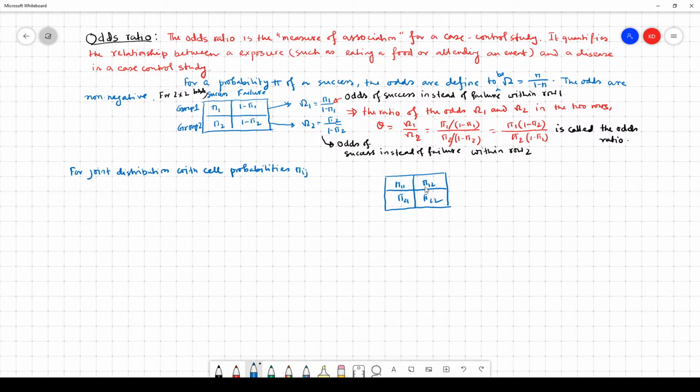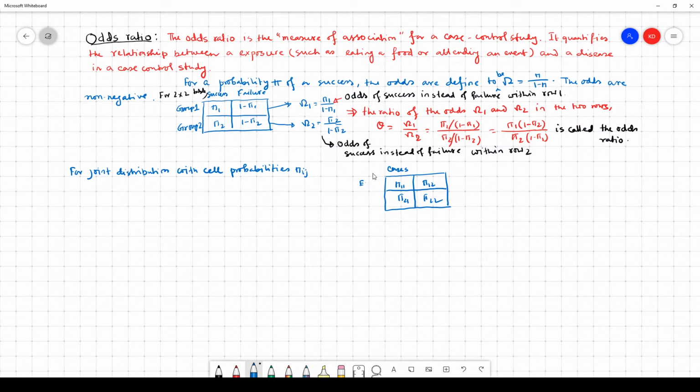That means for a case control study, this is for case, and this is exposed.